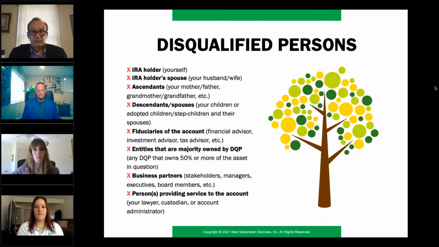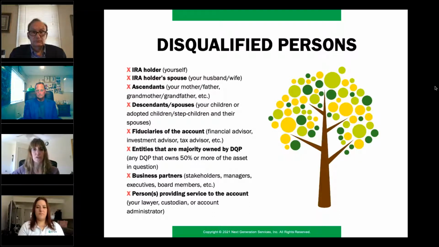For example, selling something to yourself from your IRA or using your IRA to lend to yourself or vice versa. Same thing with any spouse, ascendants, descendants, or their spouses. So if you think about the family tree and sort of a lineal direction, any of those relationships are considered disqualified from transacting with the self-directed IRA.